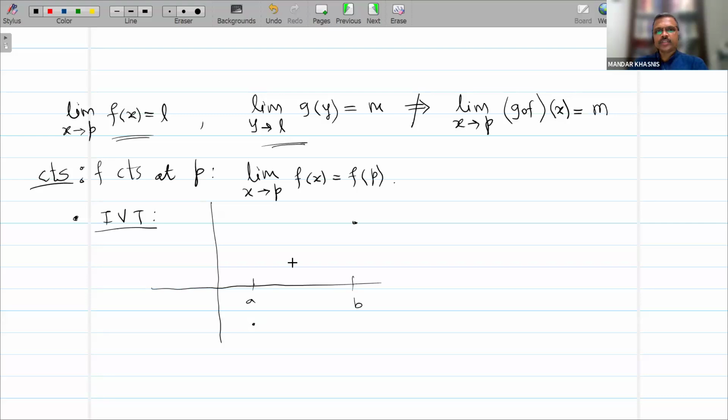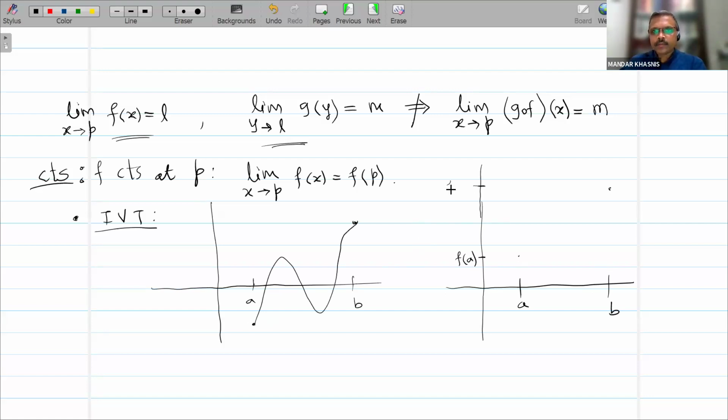This is an obvious looking statement, and it can cut more than once also, of course, but at least once it has to cut. This is what the intermediate value theorem is. And the more general version could be: you take any two points A and B, and for convenience, let me take f of A less than f of B.